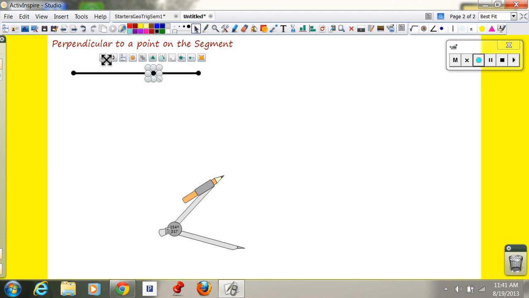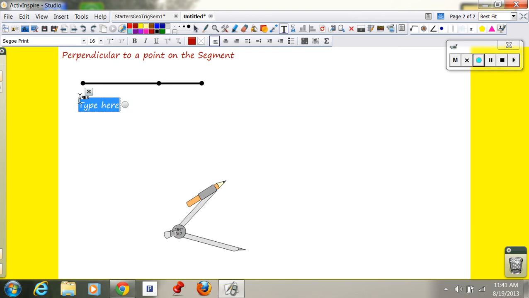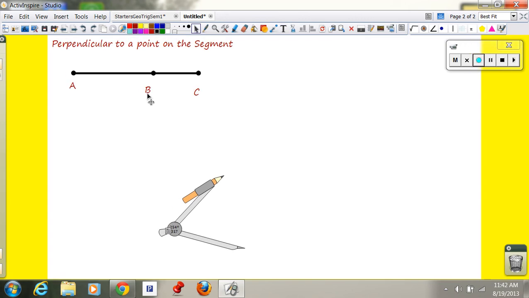Just put it closer to one of the endpoints. And we'll actually label these A, B, and C today. So we'll call that point A, point B, point C, and we'll put point B right next to B. C will go here. A right there.